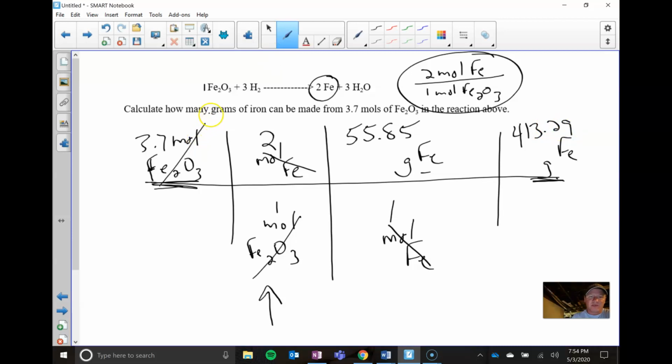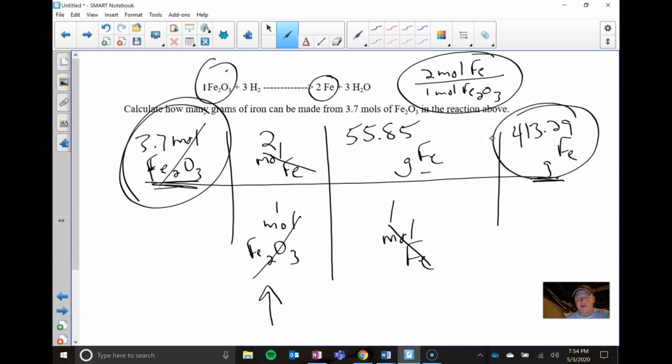That tells us that if we have a reaction and we have this much iron oxide as a reactant here, then we're going to produce this much iron in that reaction. And that's stoichiometry. Okay, we've related the quantity of one substance in the reaction to another substance in the reaction.